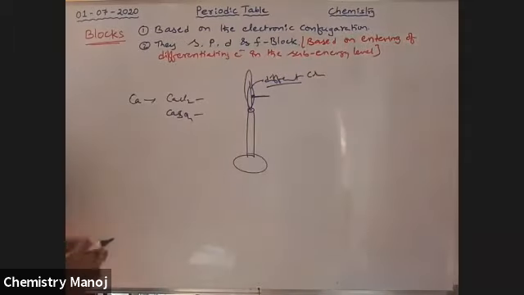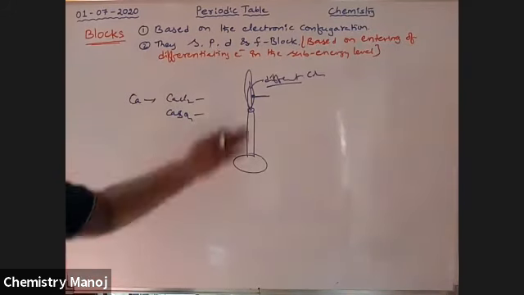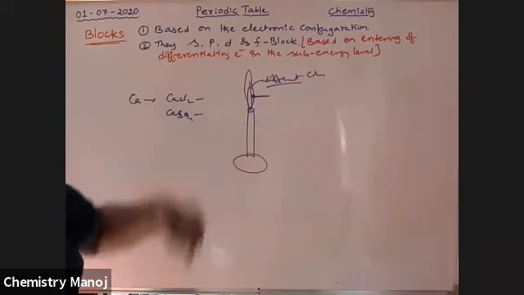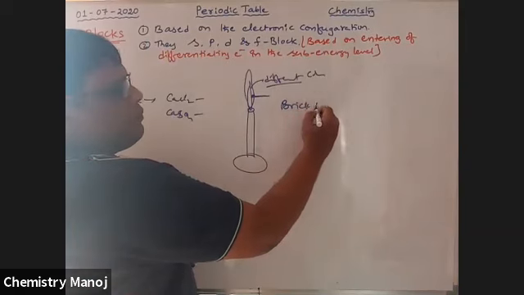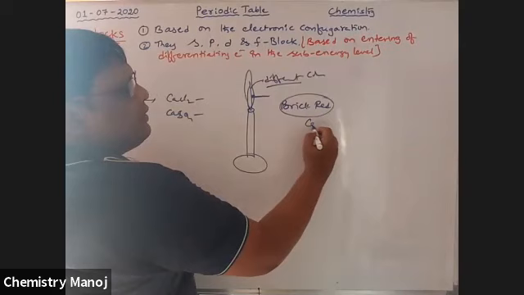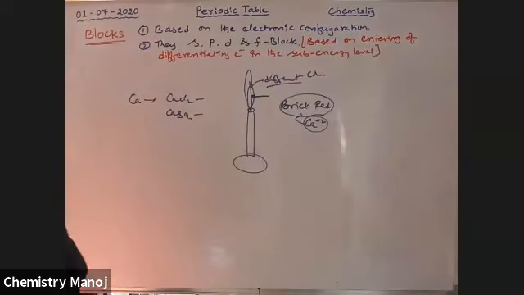Actually, our flame is a light blue color, like the cooking gas color. When we place the salt, the color automatically changes to brick red. If a calcium ion exists, we observe the flame color is brick red.